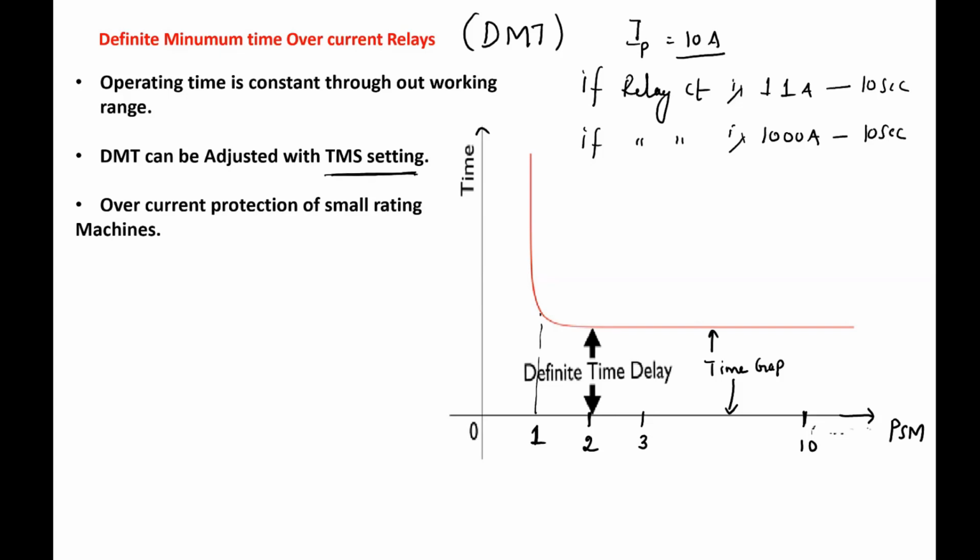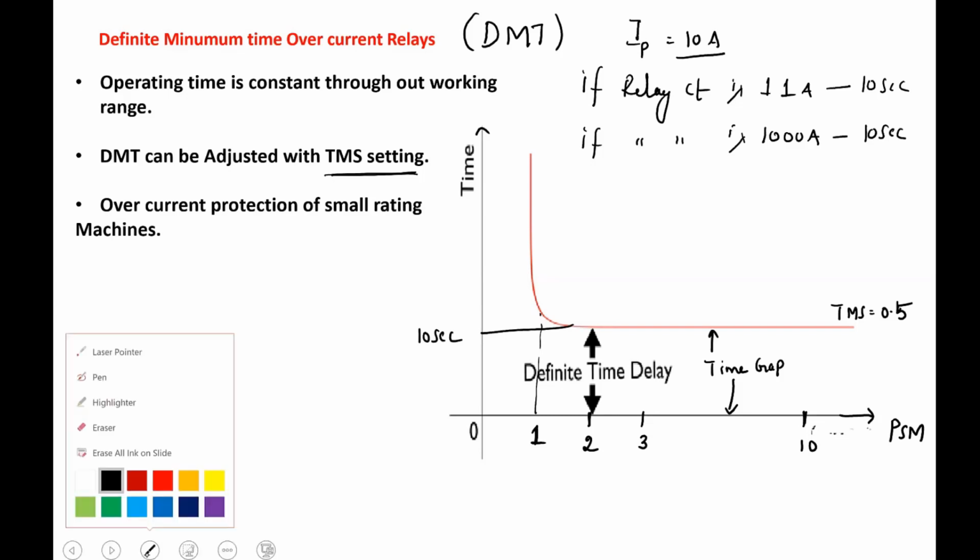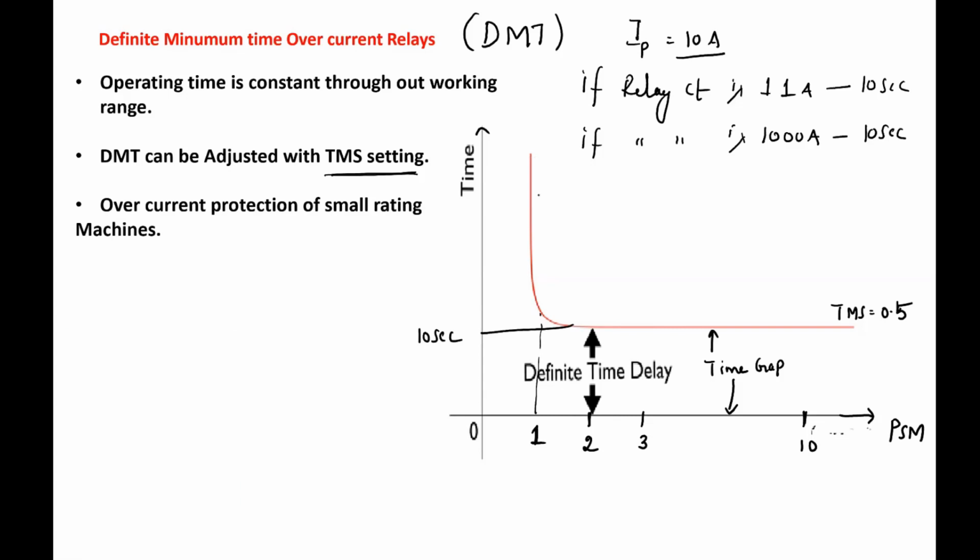The second thing is here we can adjust this minimum time also by using the TMS setting. Okay. Suppose this gap is, say, 10 seconds, and TMS setting, let us assume it is 0.5. For TMS setting of 0.5, operating time is 10. We can even have a different TMS setting.